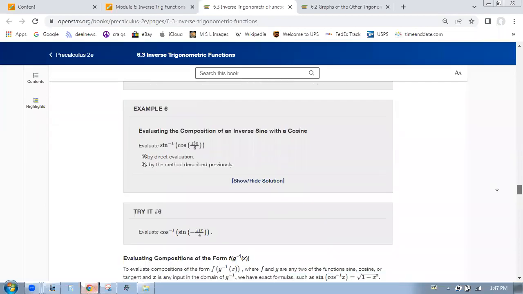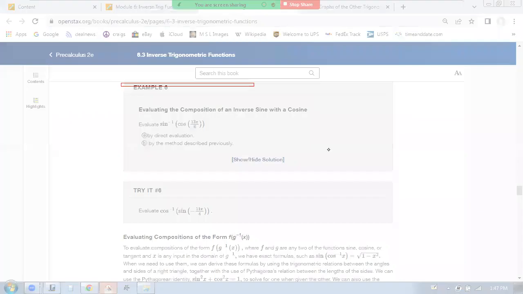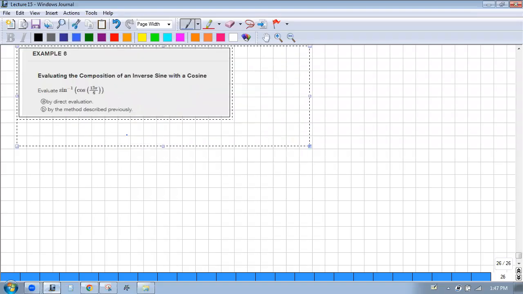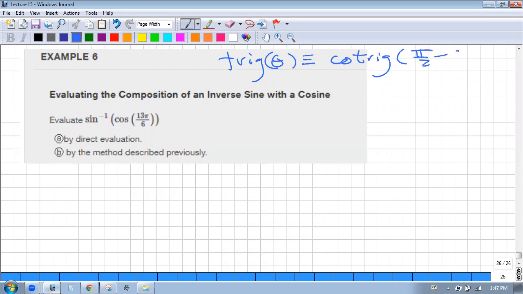Cofunction identities. Sometimes they like to mess with your head. They give you stuff that doesn't match. All right, not the same. Well, remember your cofunction identities. Trig of theta is identically cotrig of 90 degrees minus theta.